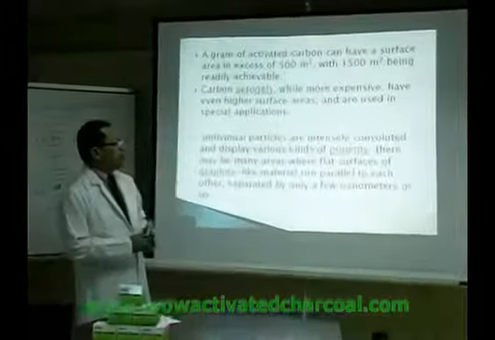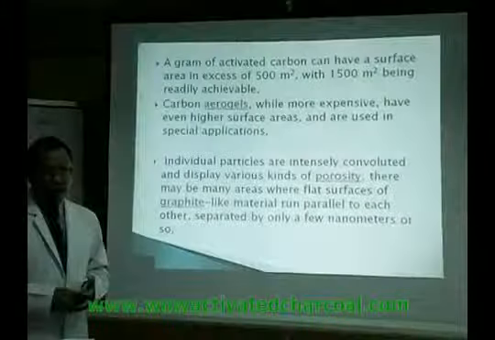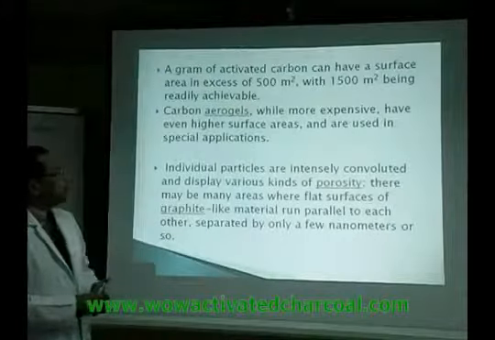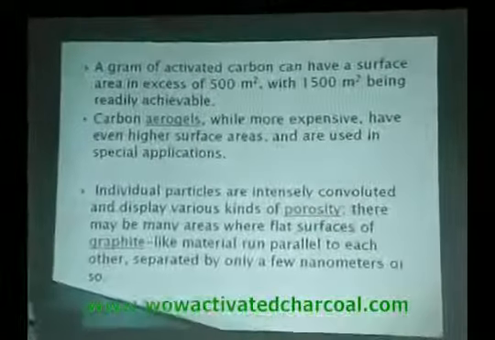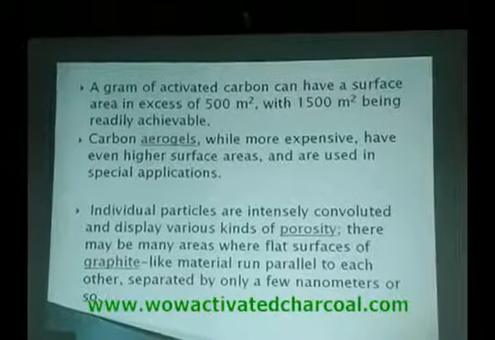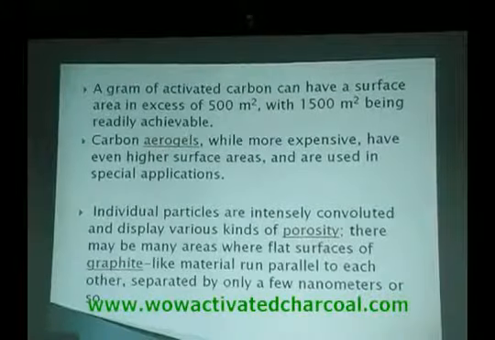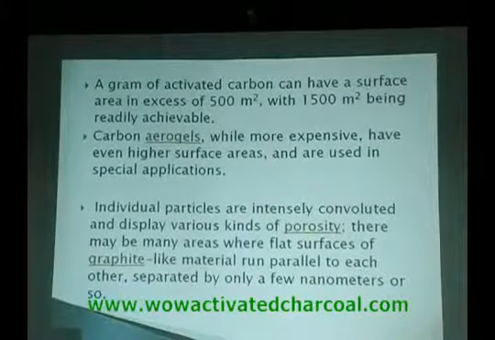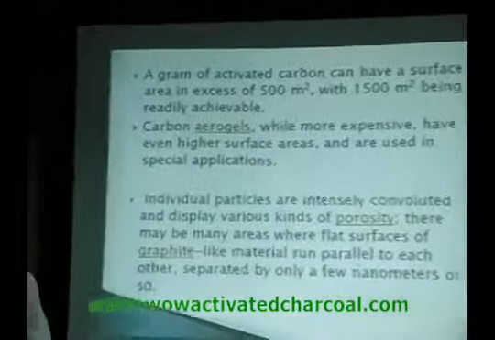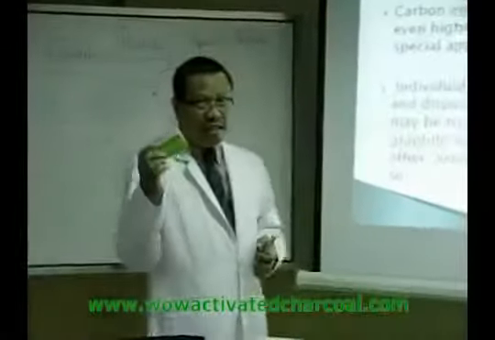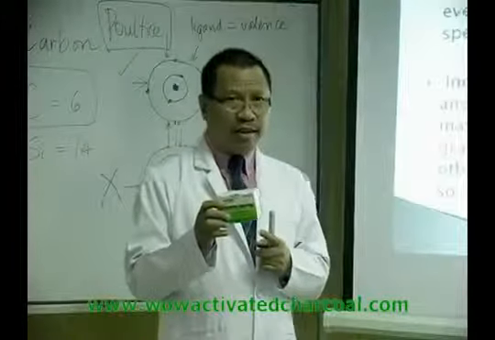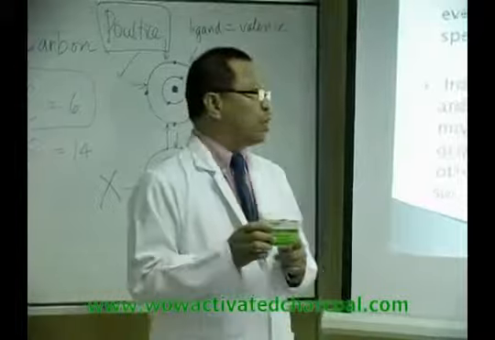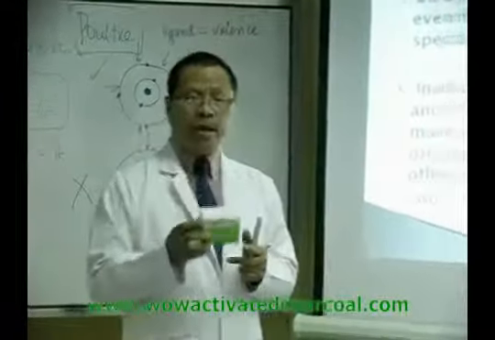1 gram of activated carbon can have a surface area in excess of 500 square meters. Wow. In other words, that's how great our carbon is. You can just imagine, 1 gram is about 1,000 milligrams. Our activated carbon has 350 milligrams.